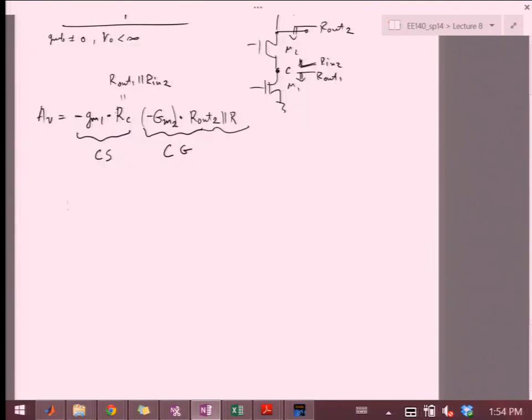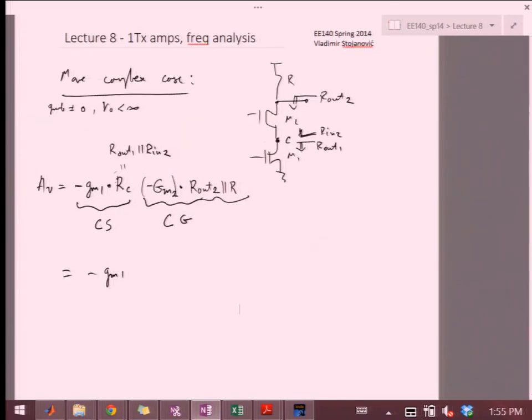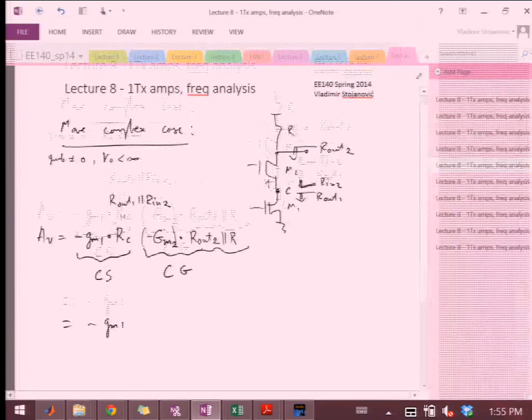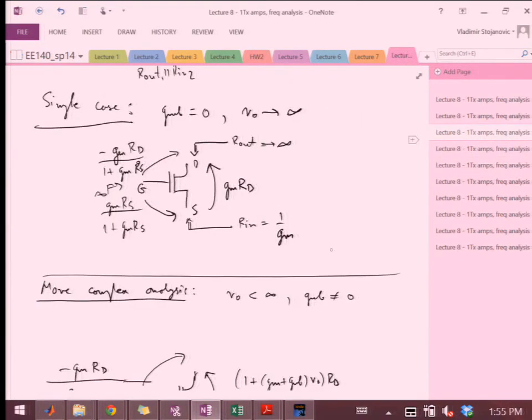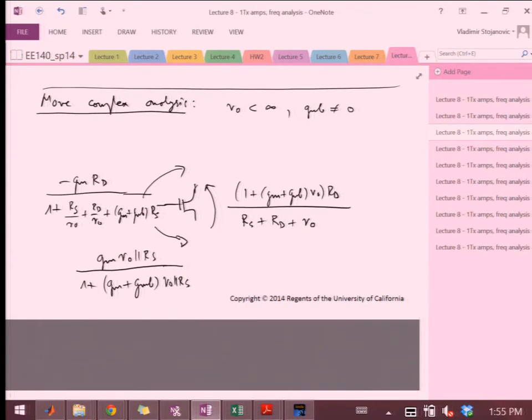Right. So if I go back and take a look at what the input R is over here, in a more complex case, oh, I actually didn't write that out.